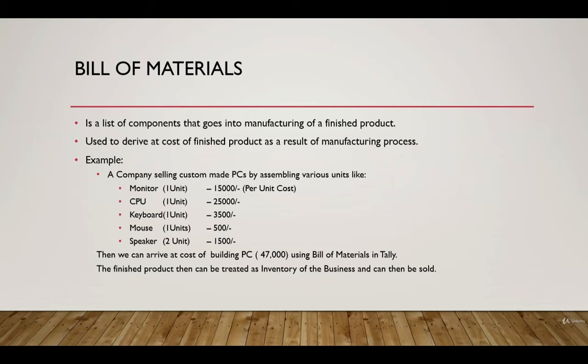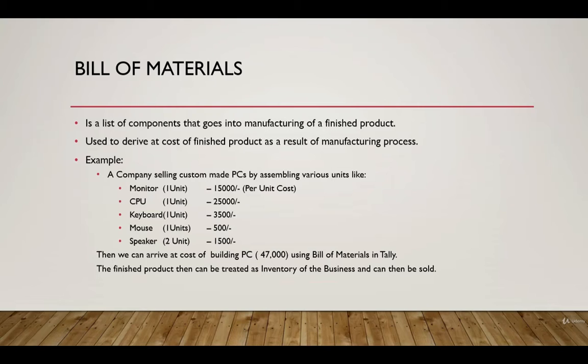Now based on the given information, we can arrive at the cost of building a PC, which would be 47,000 rupees. So in Tally we can define all the bill of material and its items, and then we can process to develop a finished product, and the finished product will then have its own cost and it can be treated as inventory like a stock item.